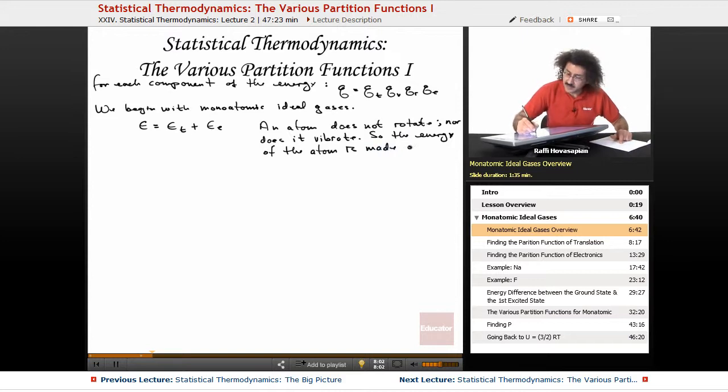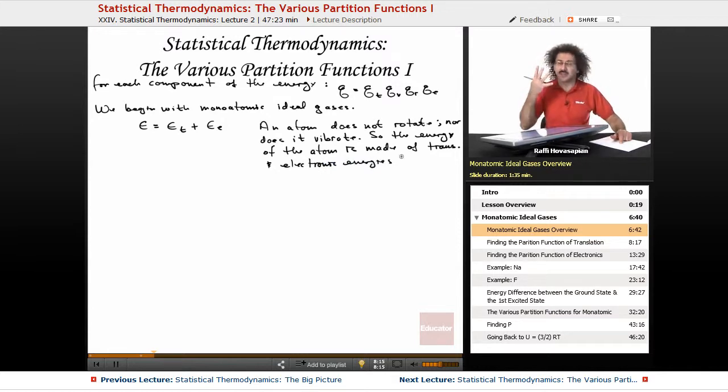That's it. When we deal with a diatomic molecule, it's going to have all four.